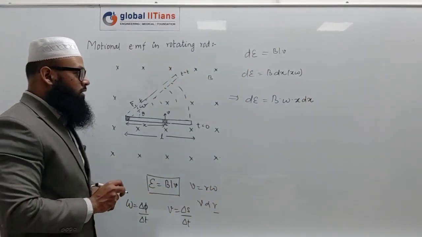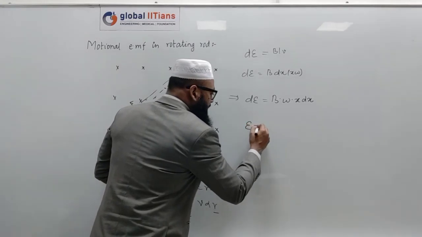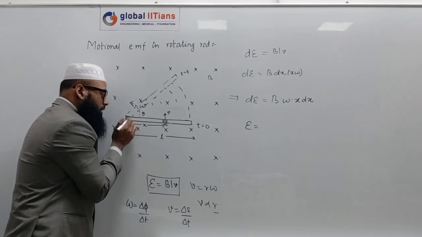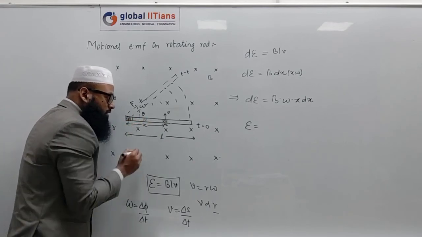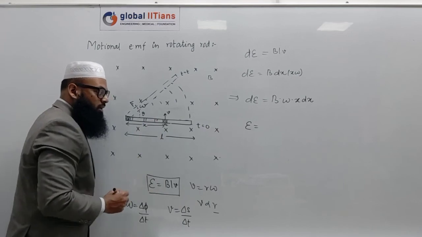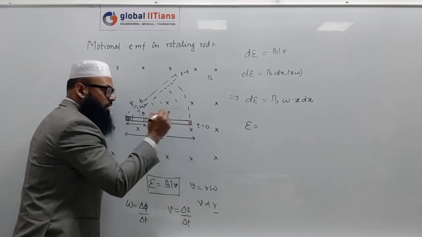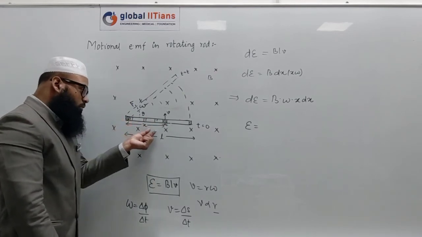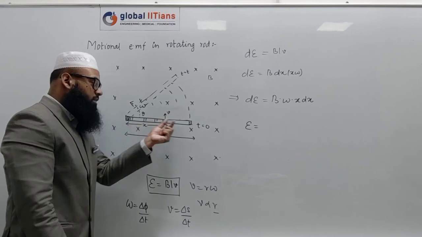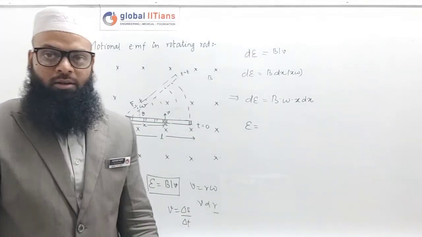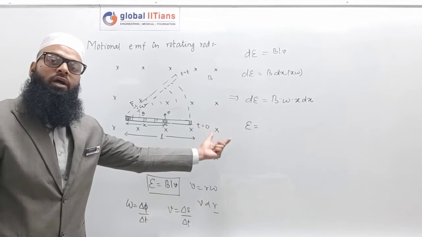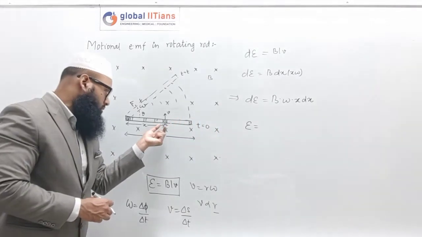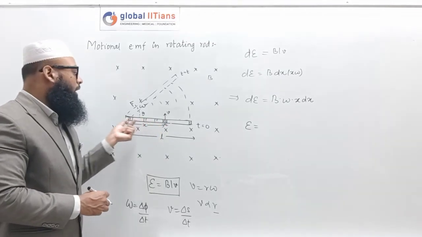Now, if we have to calculate the net EMF induced in the entire rod, some of the dx elements can be considered here, some here, some here, and finally some here as well. That means the dx elements run from x equal to 0 to x equal to L. By considering x from 0 to L, we include all the elements which are a part of this rod.